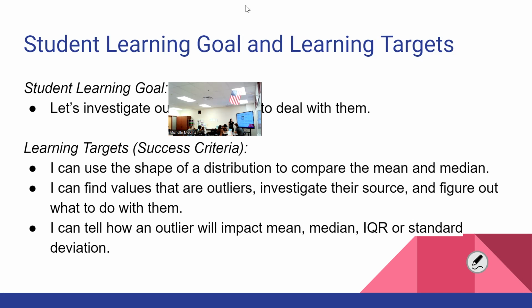IQR and standard deviation, those measure what about the data? Yes, but what does that tell me about my data? Does it tell me a usual number? Does it tell me how spread out my data is? How spread out it is.